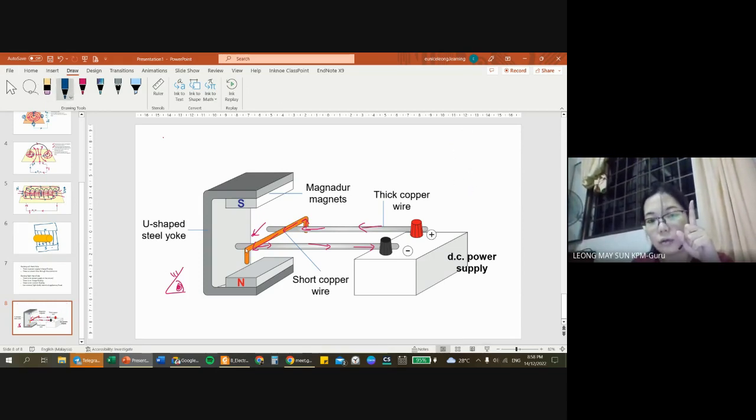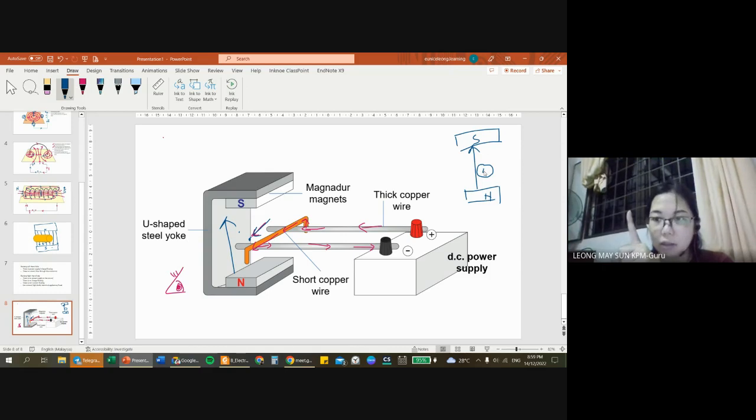So magnetic field points north to south. I'm going to draw it over here. So this is south, this is north. My magnetic field points north to south, that's pointing upwards. And then my current is coming outwards. When it comes outwards, from the front view, we see a dot.